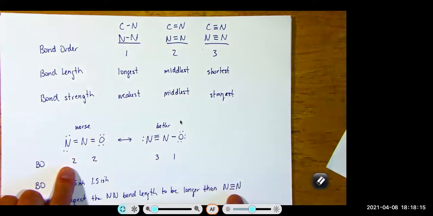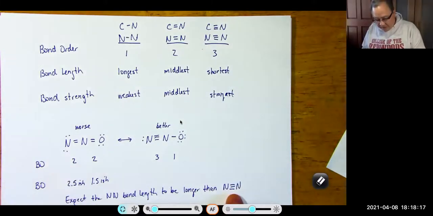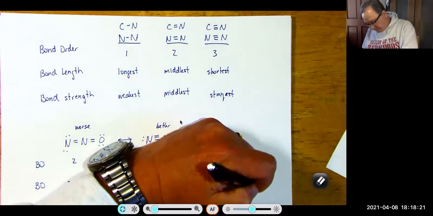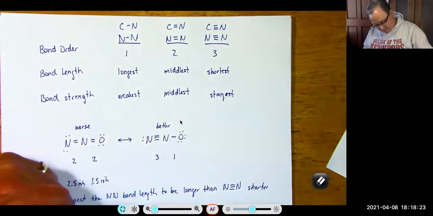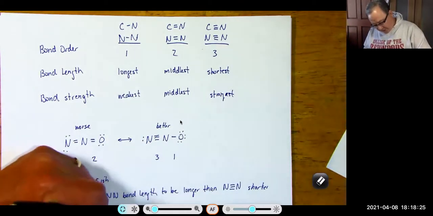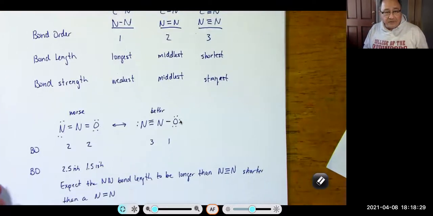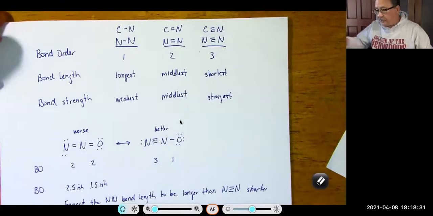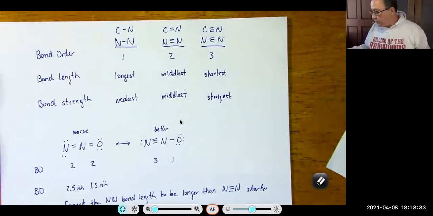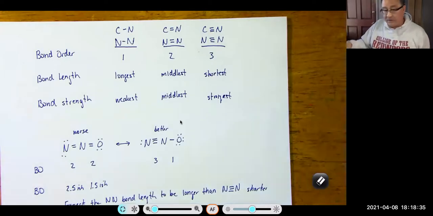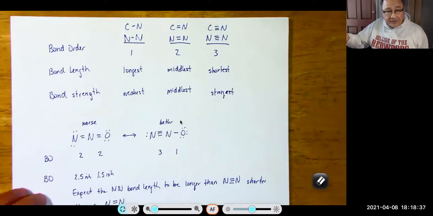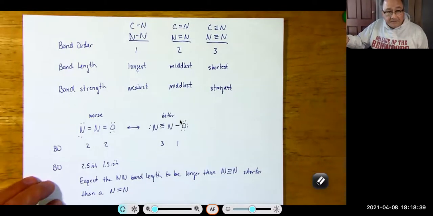So we'd expect it to be longer than a nitrogen-nitrogen triple bond, but shorter than a nitrogen-nitrogen double bond. And the reason we say it's shorter than a nitrogen-nitrogen double bond is because it's like a 2.5, not quite a 2. And let me change this a bit so that you can see what I've written.